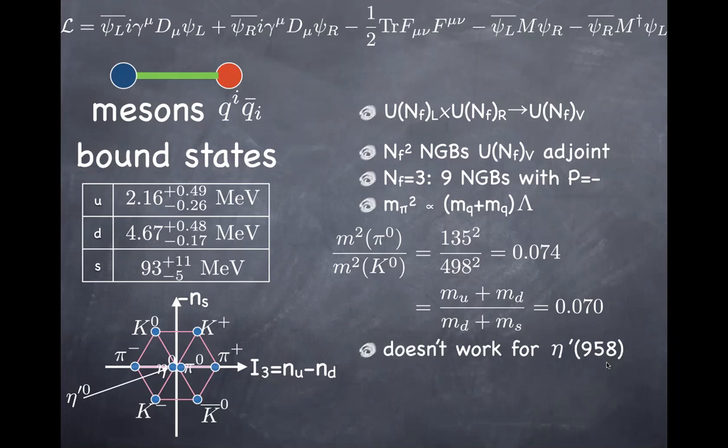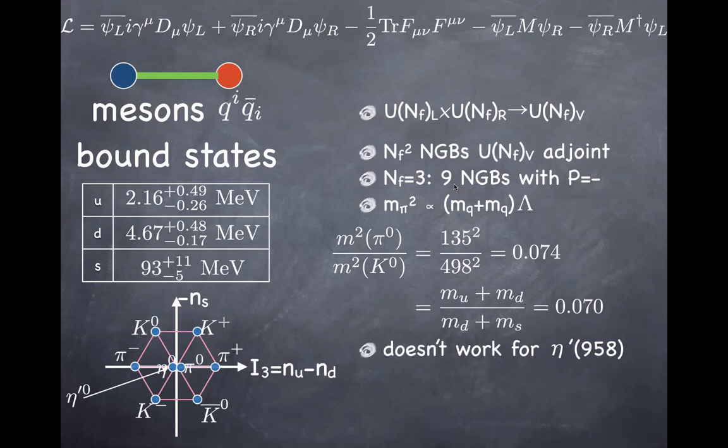It's not light. So its mass is not suppressed by the small quark masses. So even though you can find this candidate state, which has the correct quantum number to be the 9th Goldstone boson, because its mass is so heavy, it's difficult to see how this could be a Goldstone boson of any sort.